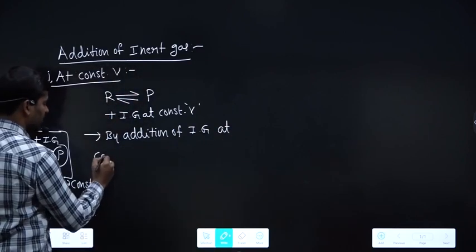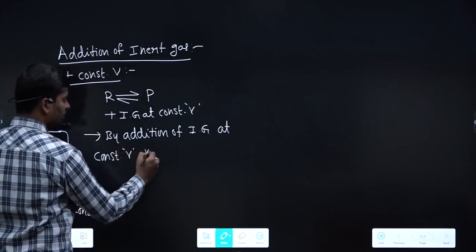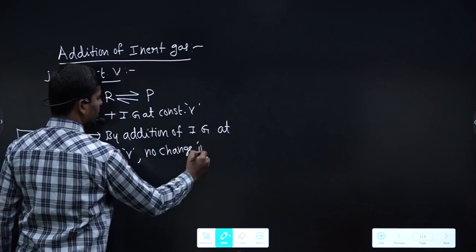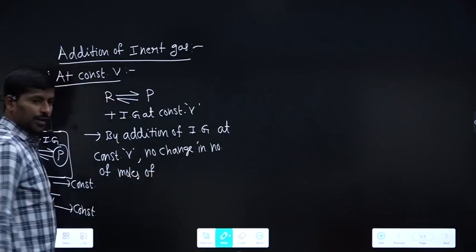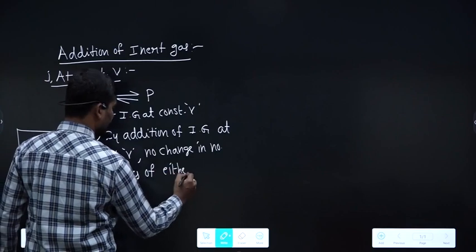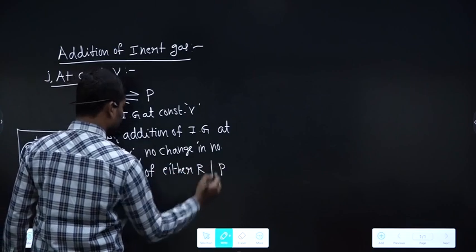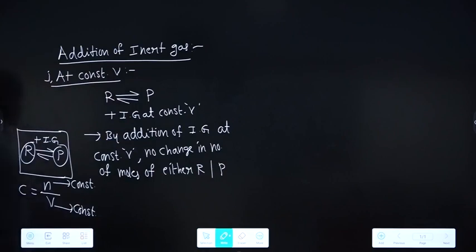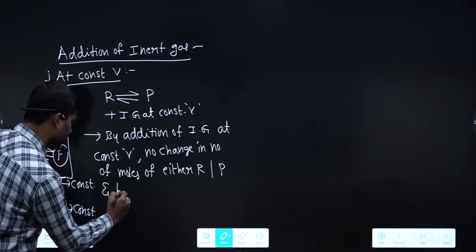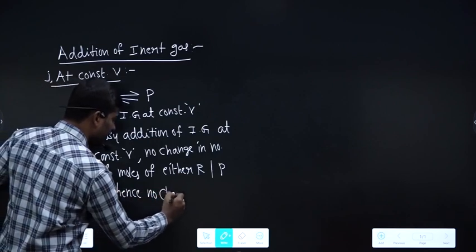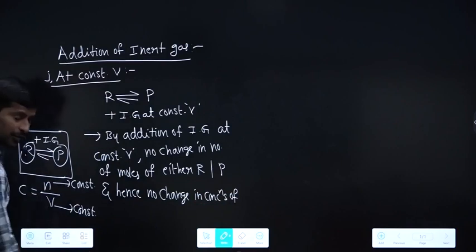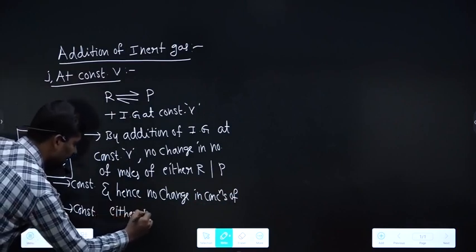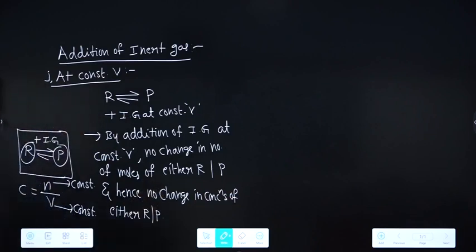By addition of inert gas at constant volume, no change in number of moles of either reactants or products, and hence no change in concentrations of either reactants or products.